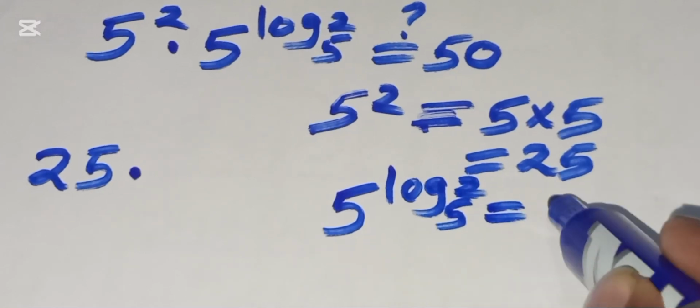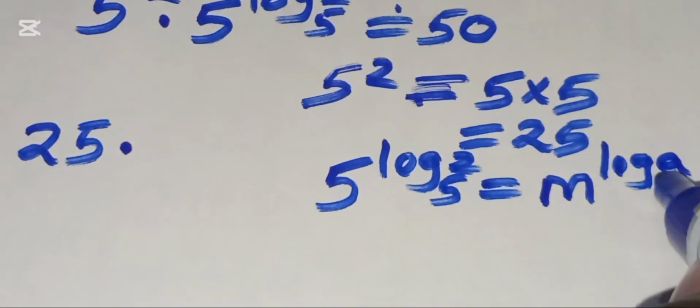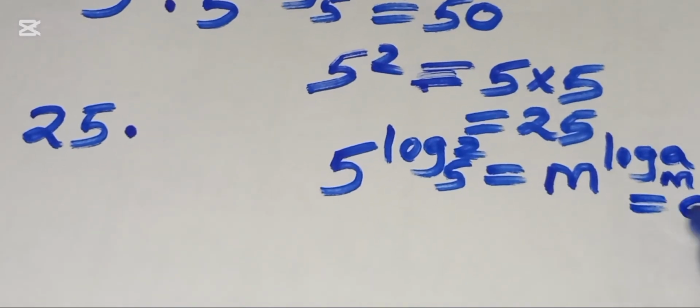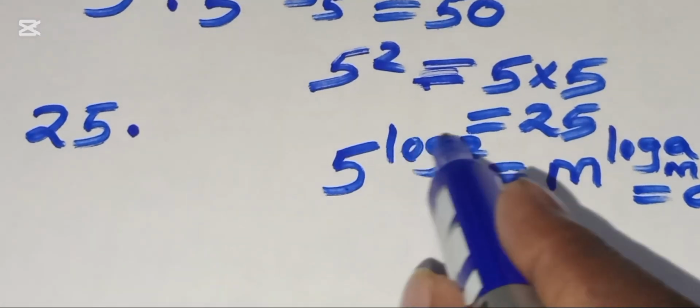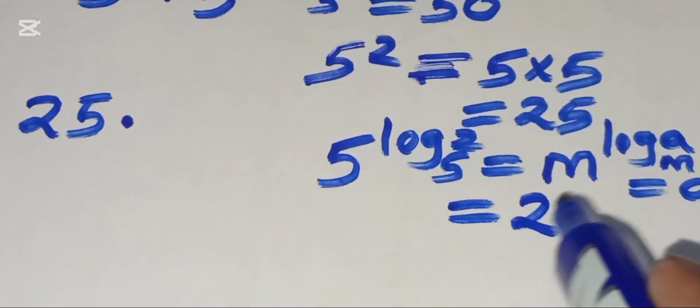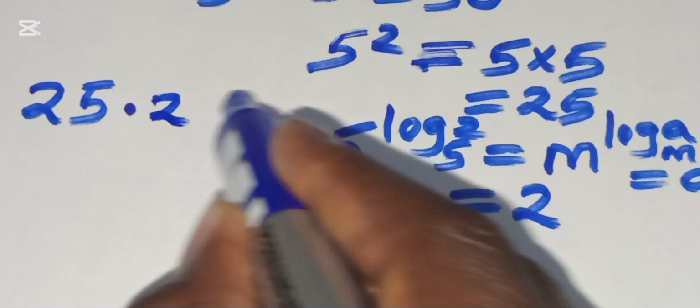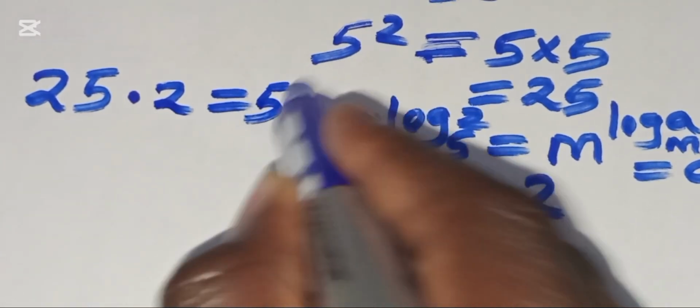This is in the form of m raised to power log a to base m, which is basically equal to a. So 5 raised to power log 2 to base 5 is the same thing as 2. Now let's substitute this value of 2. We'll have 25 times 2. This should give us a value of 50.